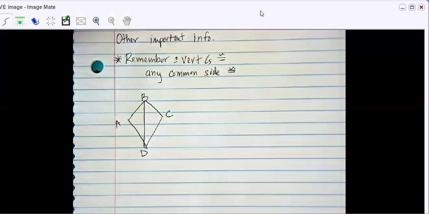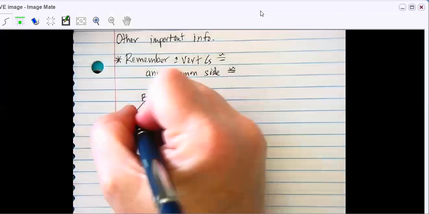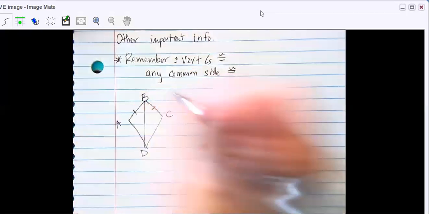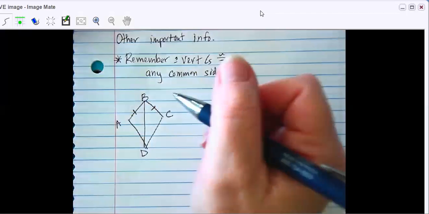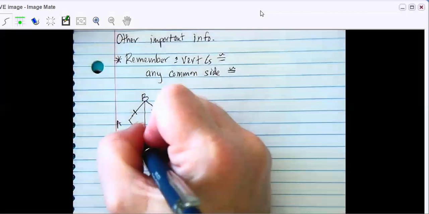You can add to that information based on what you're given. So the given information would be that side AB is congruent to BC, and side AD is congruent to side CD.